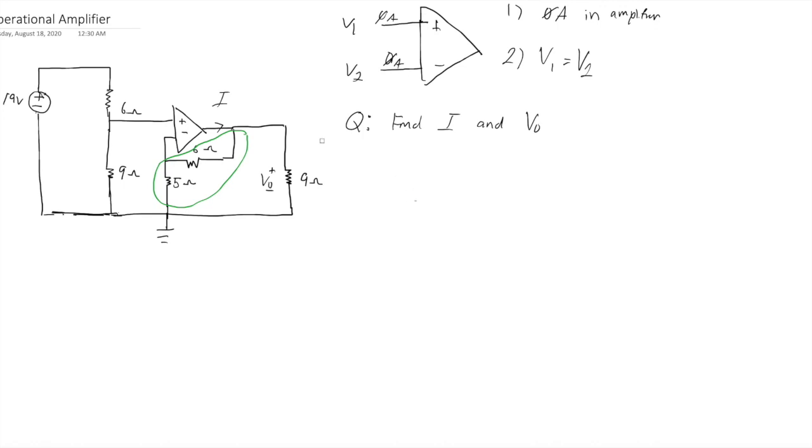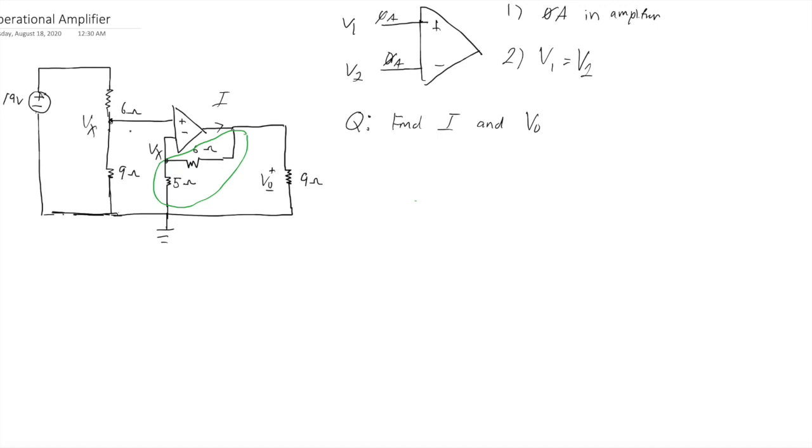So let's first find our voltage. We know that the voltage at this end here, we'll label Vx. We see there's a 19 volt source, then a 6 ohm resistance and a 9 ohm resistance.